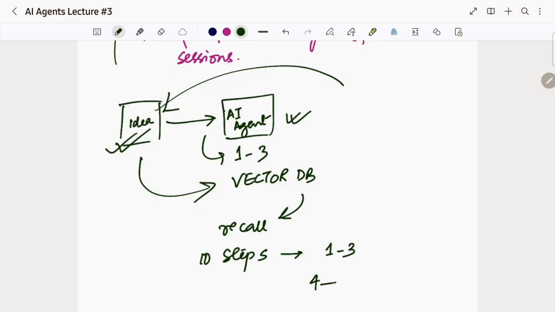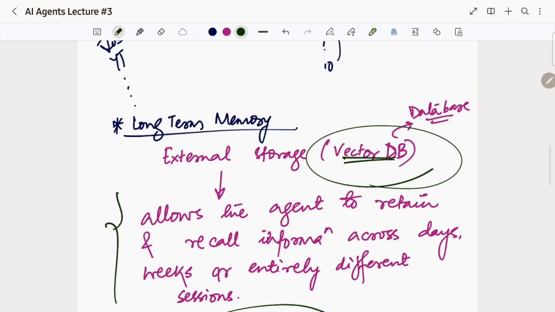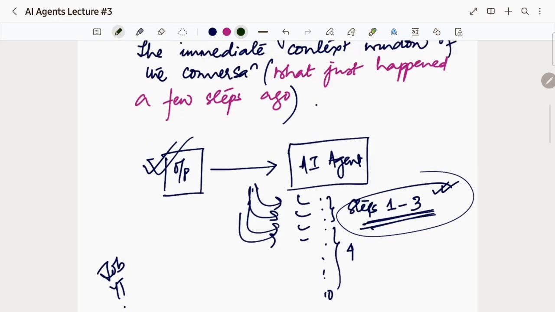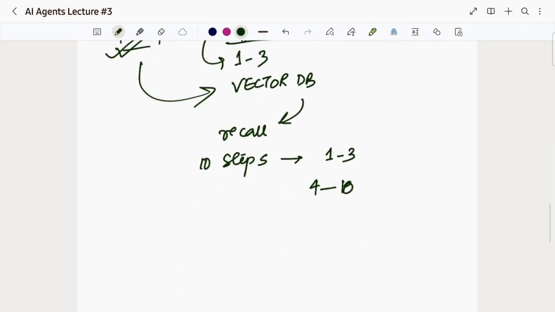Remaining are steps 4 to 10. So because of this external storage, we are able to retain and recall information across days, weeks, or entirely different sessions. Alright, so this is your short-term memory and long-term memory.